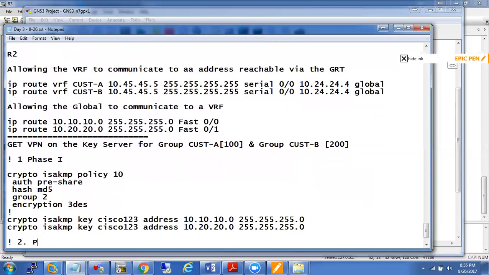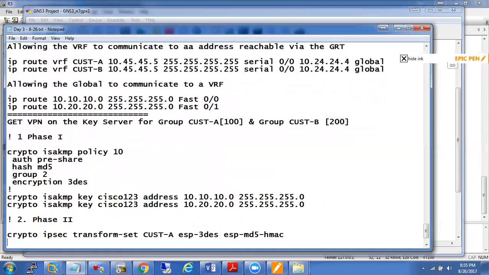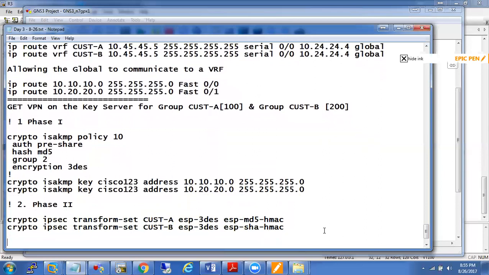Step 2, phase 2. Let's say I want to create 2 different transform sets. Let's call it set A, ESP triple DES, ESP MD5 HMAC, and I'll create another one for SHA. And this will be used by B. Okay.